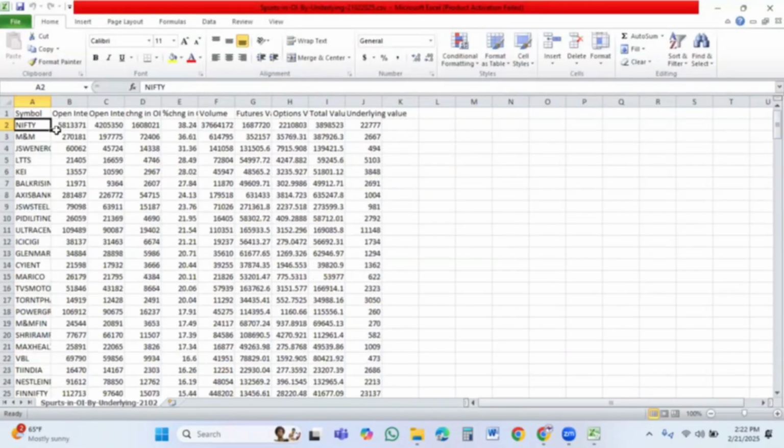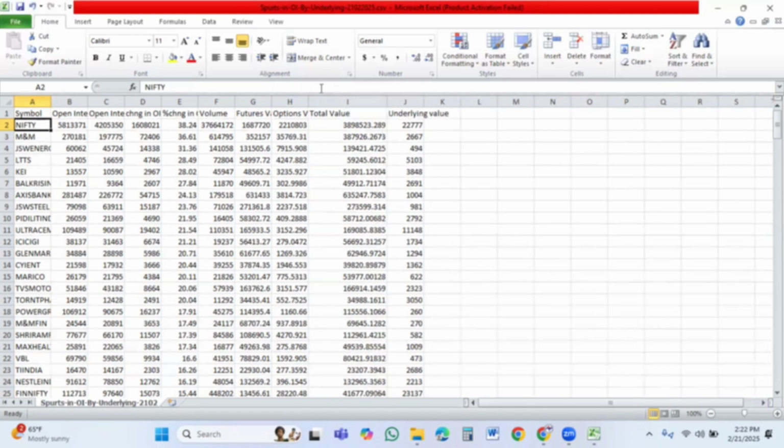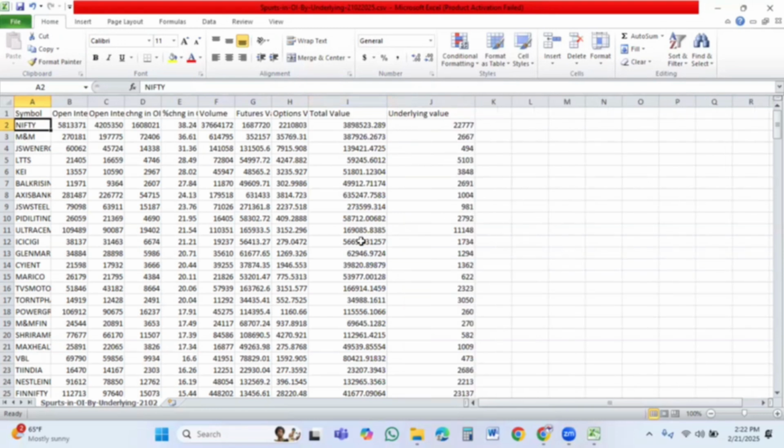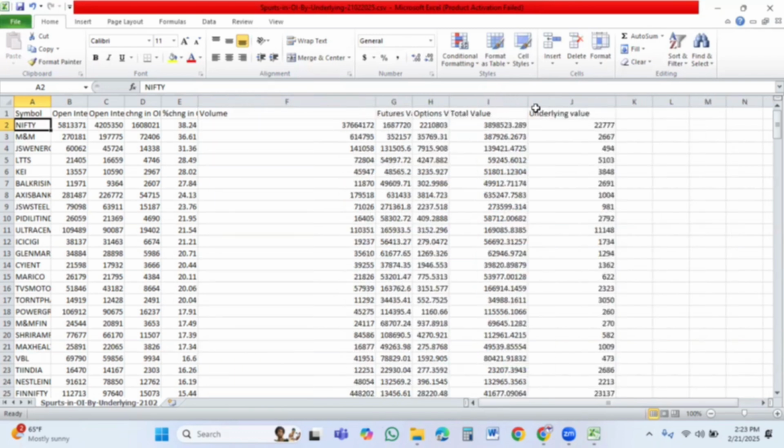If you go into the OI spurt file and look at these stocks, you will find that they have a lot of interest from the market and good volumes. If you look at the volumes, you can choose the ones with better volumes.